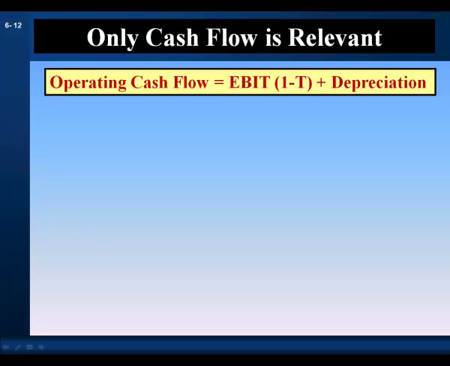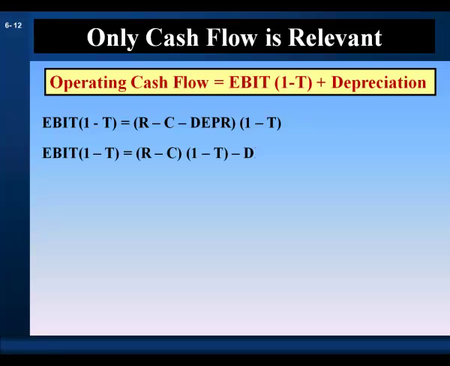Now let's derive an alternative equation for operating cash flow. We begin with earnings before interest and taxes. Net earnings before interest and taxes is revenue minus operating cost minus depreciation. Let's rearrange the equation. Let's multiply revenue minus cost times 1 minus the tax rate, and multiply negative depreciation times 1 minus the tax rate.